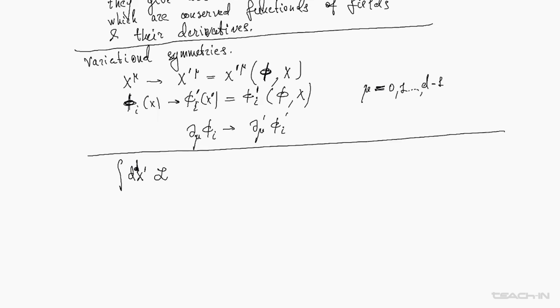And in the Lagrangian density, we substitute our transformed fields φ'^I(x') and derivatives ∂'_μ φ'^I(x').